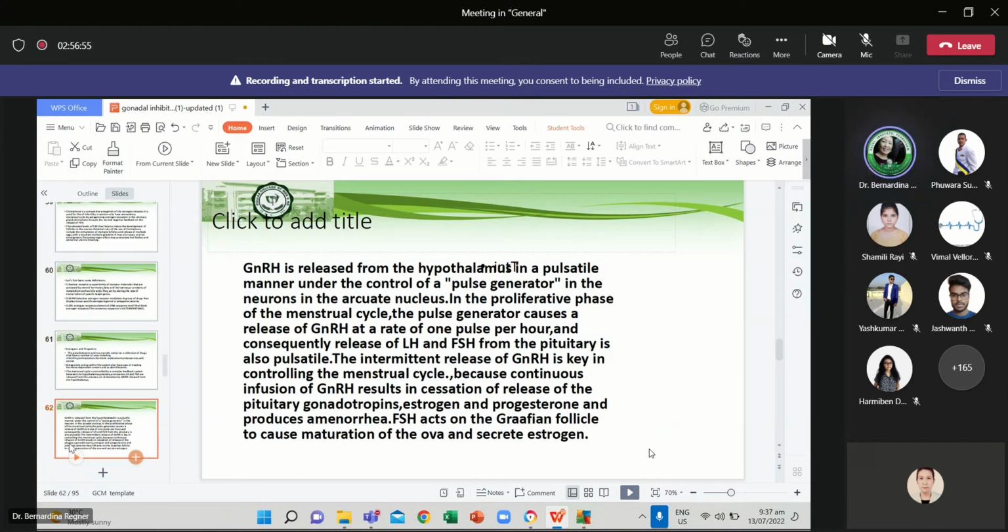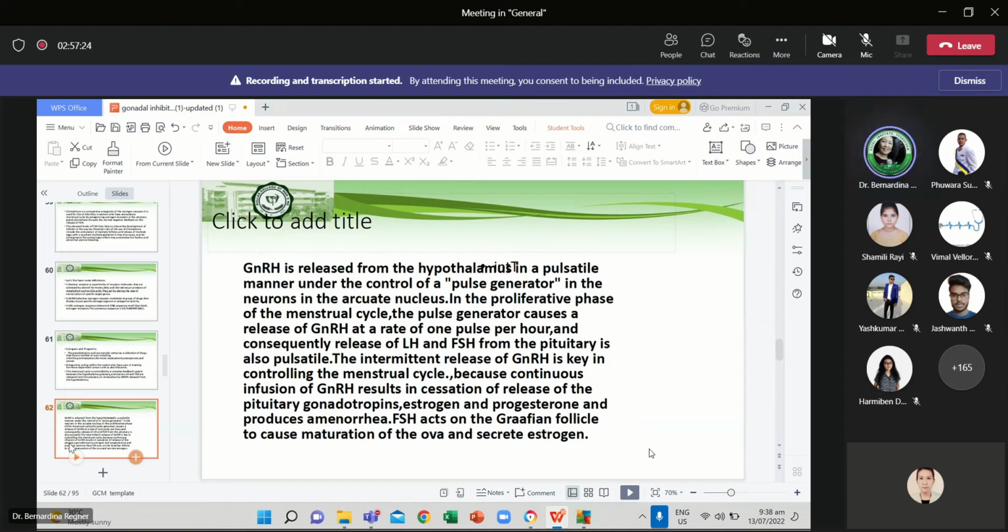Pulse release of GnRH at a rate of 1 pulse per hour, and at a rate of 1 pulse per hour, there will be release of luteinizing hormone and follicle stimulating hormone from the pituitary, which are also pulsatile. So the term here is it is not constant. It is intermittent. Okay?